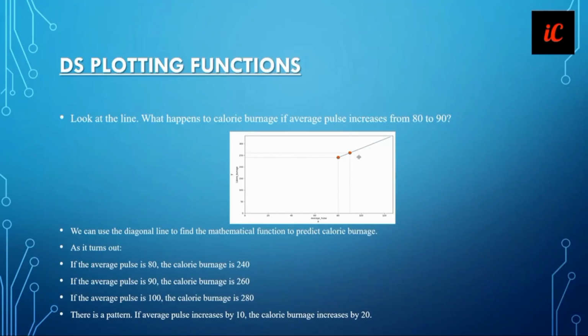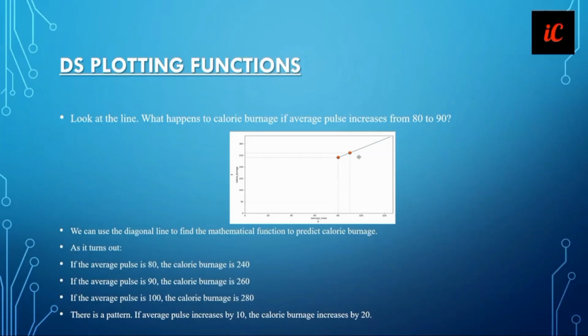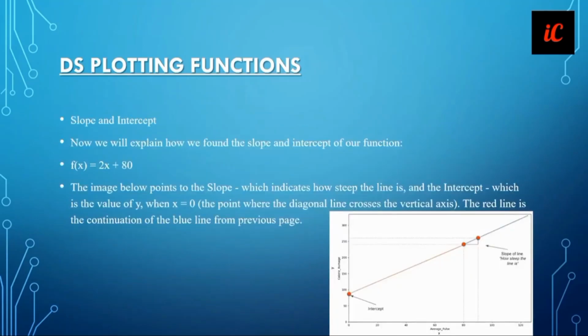If it is 100, then it is 280. So there is a pattern: if the average pulse increases by 10, the calorie burnage increases by 20. I hope you understood this much. It is not starting from 0, it is starting from 80, so it will not touch the axis. Once the pulse rate increases by 10, calorie burnage increases by 20.